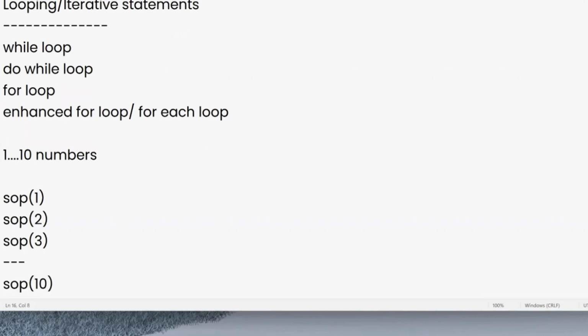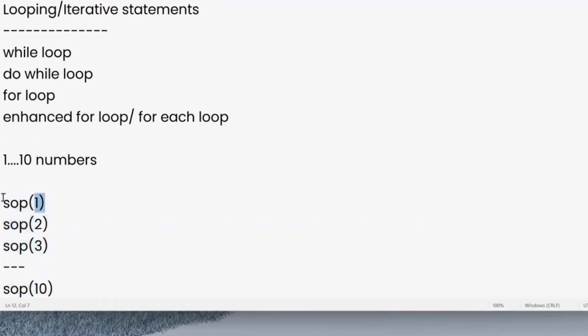So if you just want to print 1 to 10, you have to write 10 statements in your Java program. Instead of writing so many statements, we write only one statement and repeat it 10 times. Each time I will increase the value by 1, so I will get 1, 2, 3, 4 up to 10.